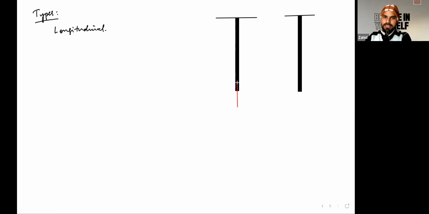If you apply any deforming force along this direction or any deforming force along this direction, there will be change in length along this direction in this part and along this direction in this part.